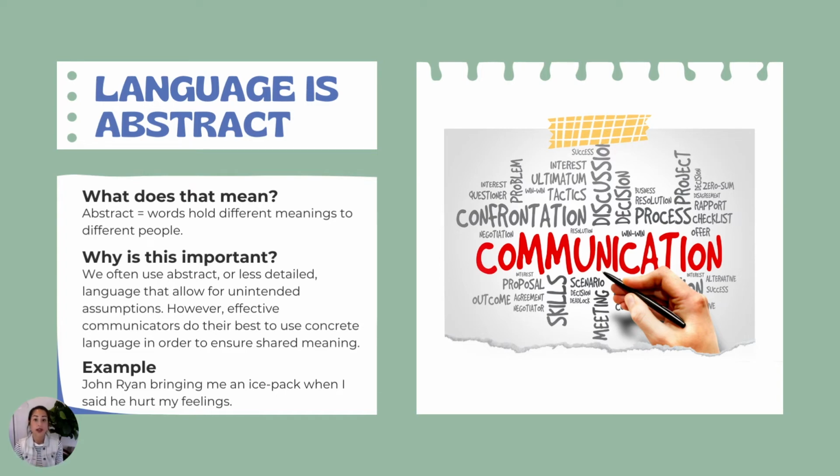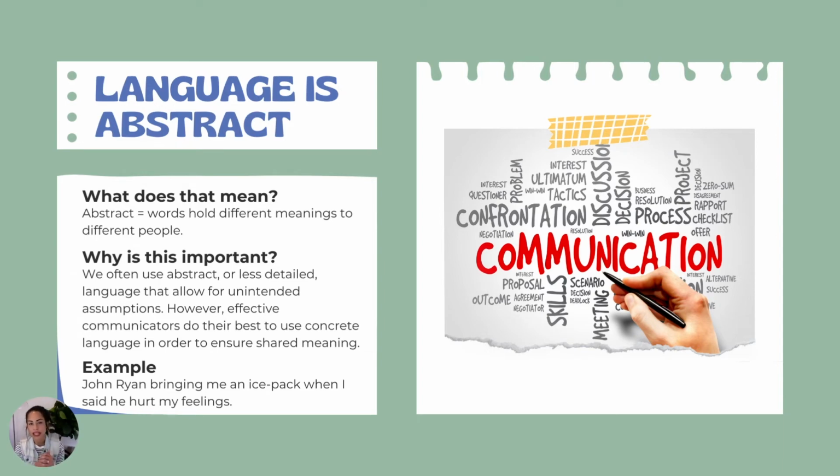So he said okay and ran away, and I thought that was kind of weird. But then he came back. He had gone to our refrigerator, opened the freezer, got an ice pack out, and put it on me. He handed it to me and said, hurt? He was looking for where it went. He kept trying to figure out what hurt feelings were. I thought that was so cute. But that is a very abstract word, especially for a kid learning the language.